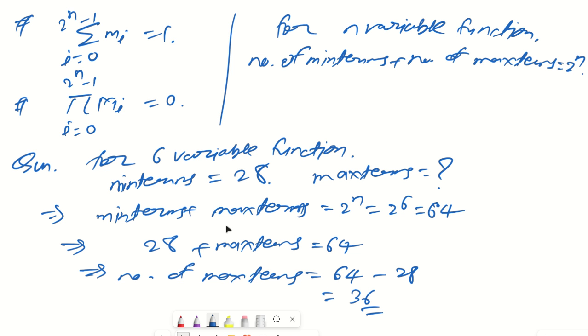So this was a GATE question, a very simple question. We had a 6 variable function, the number of min terms was given as 28, so how many max terms will there be? 36. So we'll take up a couple of questions on max terms and min terms, and then we'll try to solve them. Those questions are all from GATE previous years, from EC, EE, instrumentation and computer science. So alright guys, thank you.